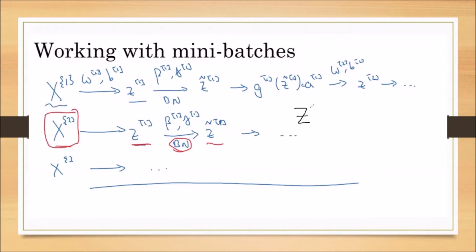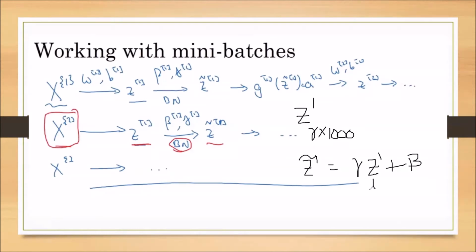Now we take this Z superscript 1 matrix, which is R by 1,000, and we do the normalization. The normalized value of Z superscript 1 is equal to capital gamma into the original Z superscript 1 plus beta.